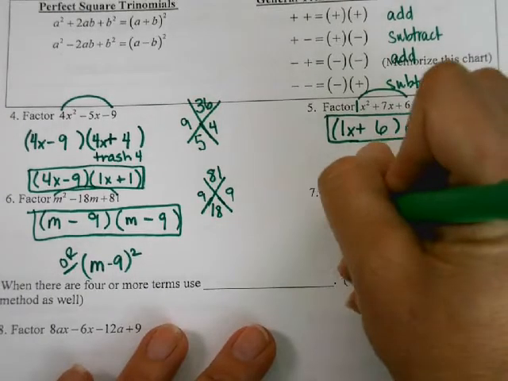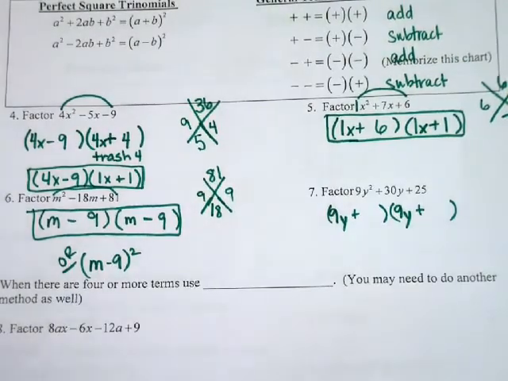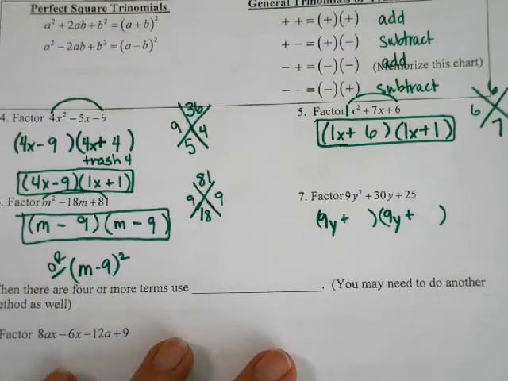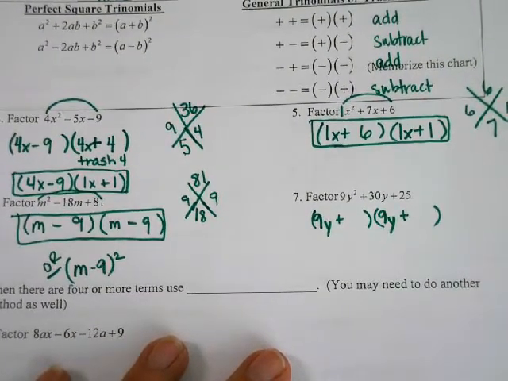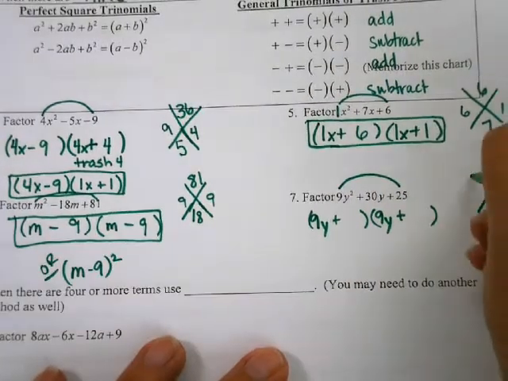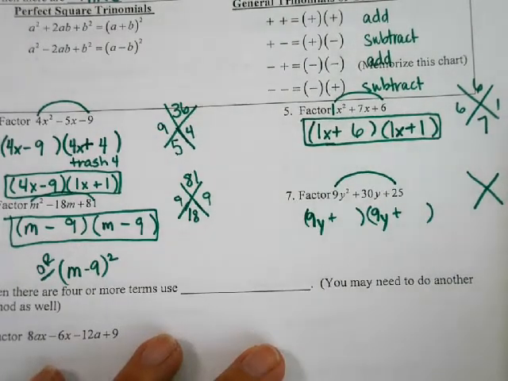So I'm going to put a 9y in both of them. Multiply 9 times 25. 225.